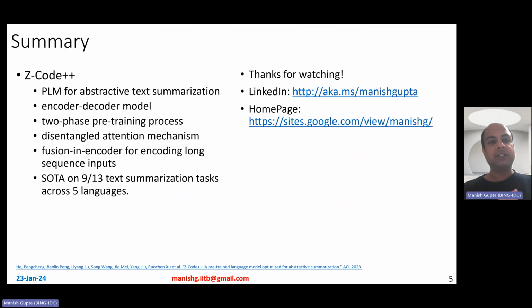Okay, so in short, Zcode++ is a pre-trained language model for abstractive text summarization. It is based on a transformer encoder-decoder framework. It involves a 2-phase pre-training process and disentangled attention from DeBERTa. So it has borrowed interesting concepts from several models. The 2-phase pre-training involves RTD and CSP, borrowed from ELECTRA, and in some ways SpanBERT, because SpanBERT was probably the first model which involved span-based masking, right?